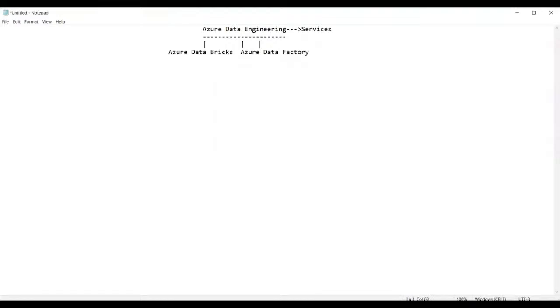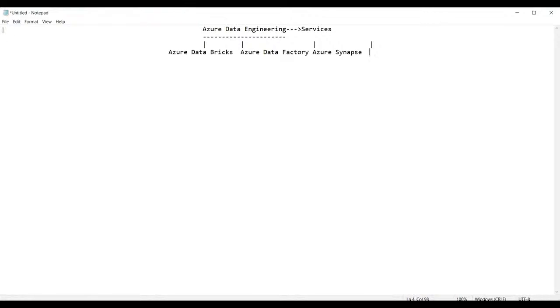And apart from this, we have the next service called Azure Synapse. Many services are there, but I'm listing a few of them.